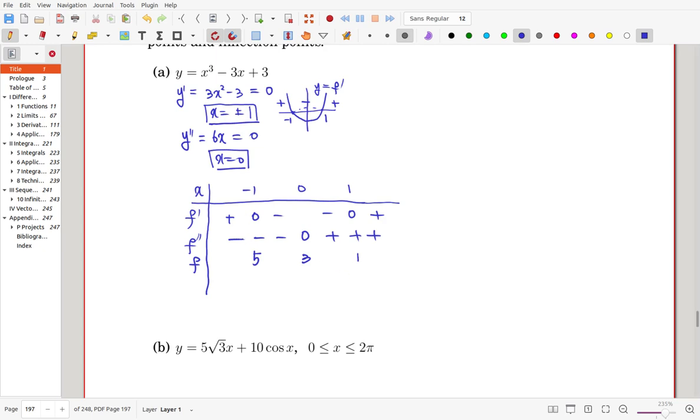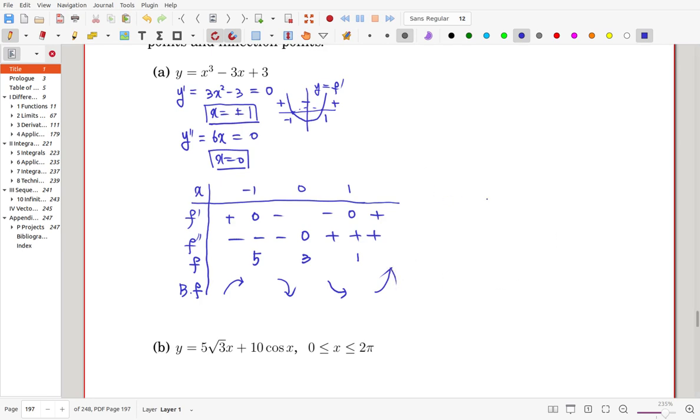Now the behavior of f: less than minus 1, it is increasing concave down, then decreasing concave down, decreasing concave up, and increasing concave up. Right?